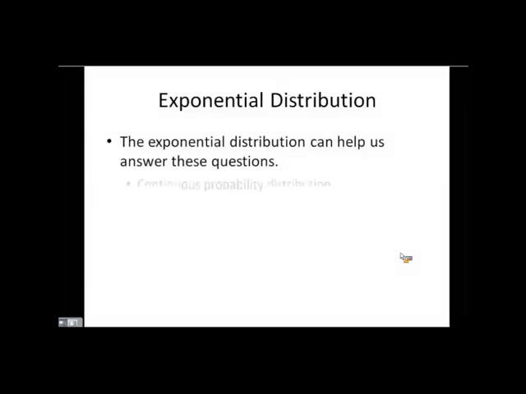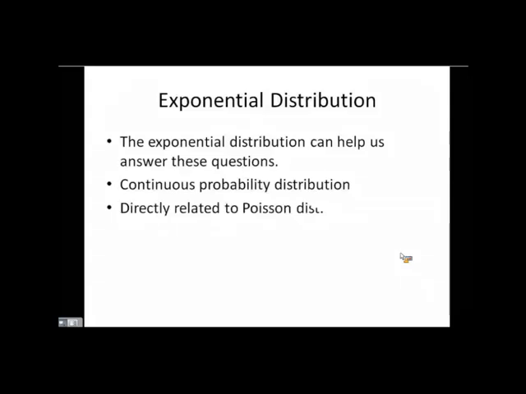The exponential distribution is a continuous probability distribution, and it is directly related to the Poisson distribution in that if we have a number of events per unit time that are governed by the Poisson distribution, then the probabilities associated with the intervals of time in between events will be described by the exponential distribution.